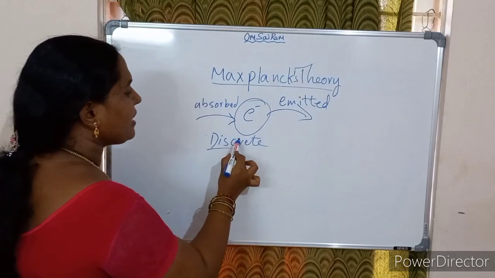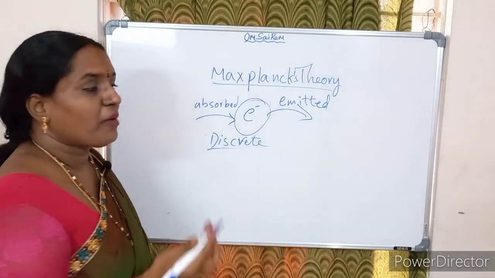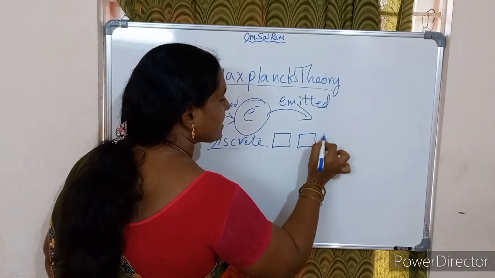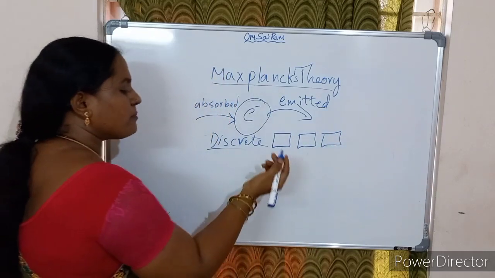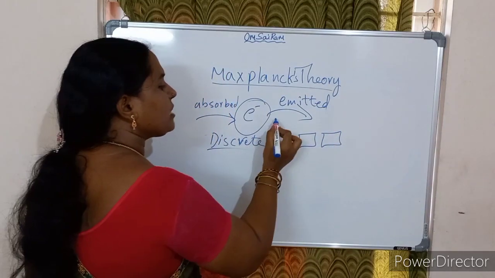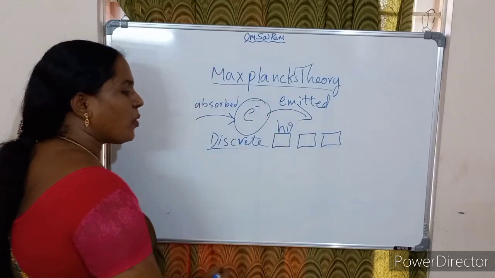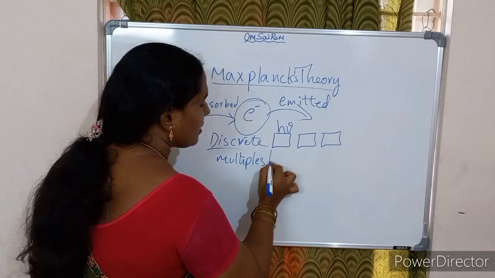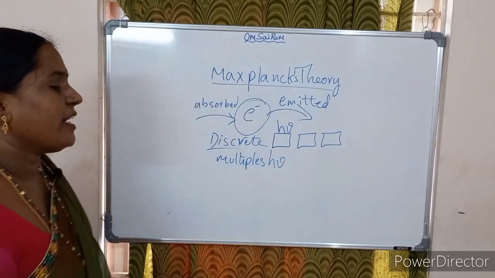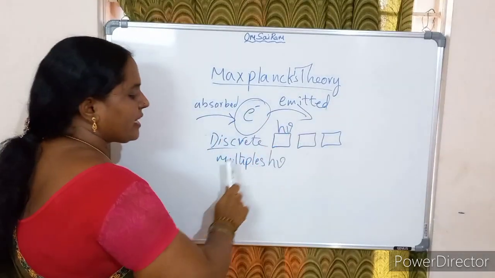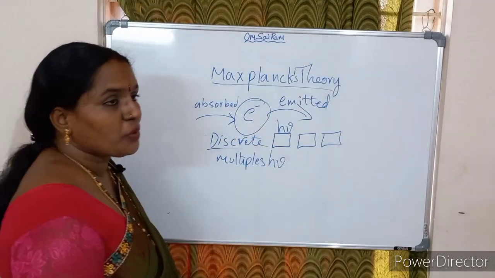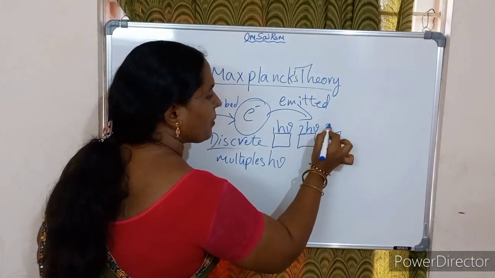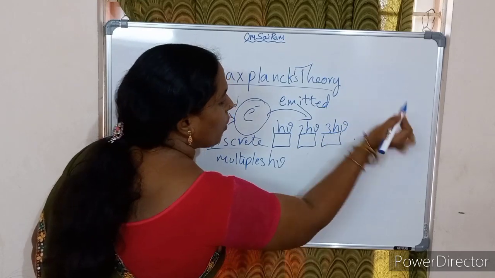Discrete form means it is emitted or absorbed in the form of small packets. Each packet contains h nu, or multiples of h nu. The energy absorbed or emitted is a multiple of h nu. Maybe 1 h nu, maybe 2 h nu, maybe 3 h nu, and so on.